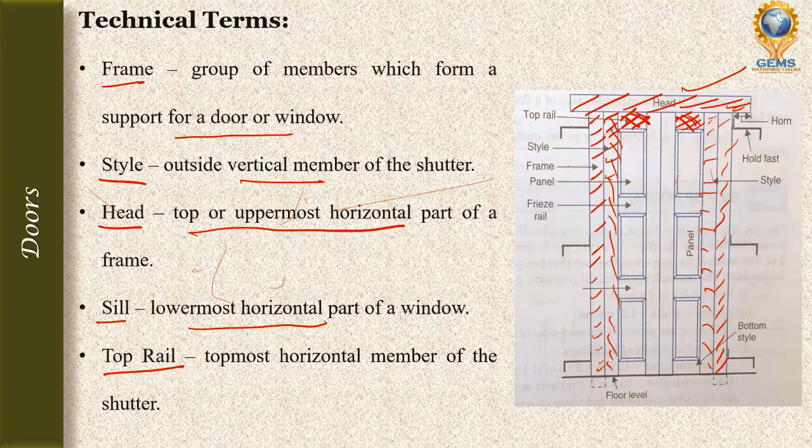This whole part, from style to, from here to here, including this whole part, we will call it as a shutter. So top rail is the topmost horizontal member of the shutter.